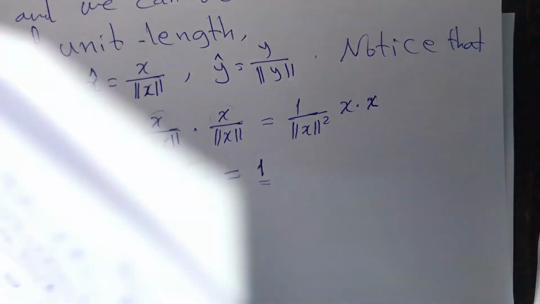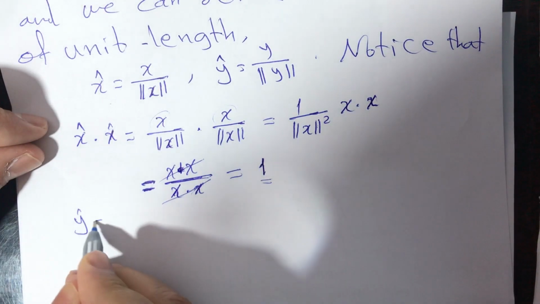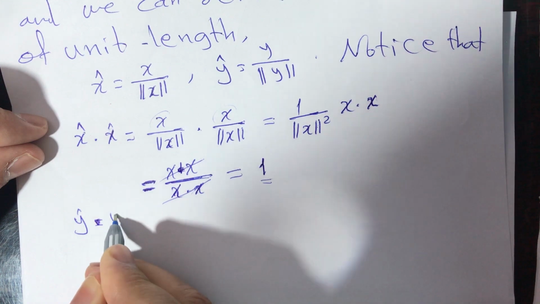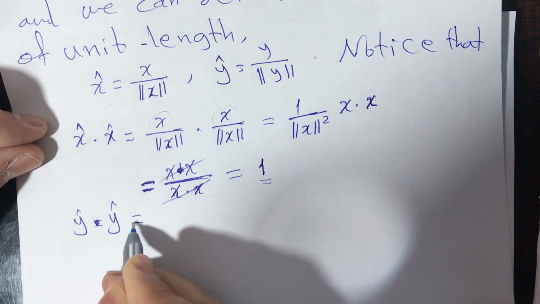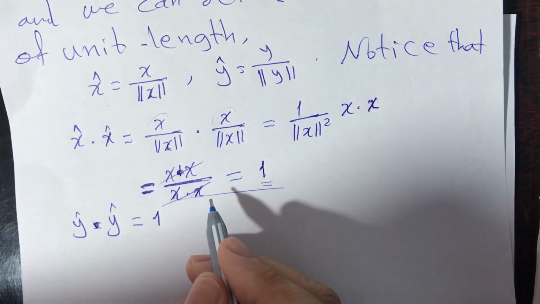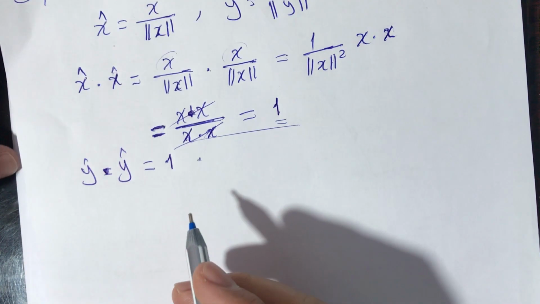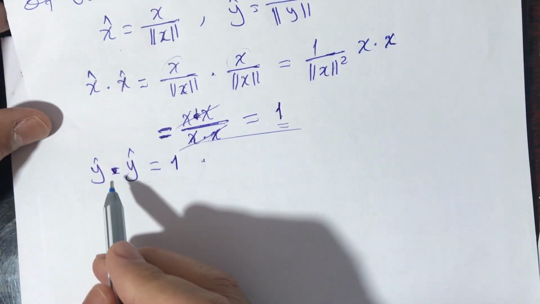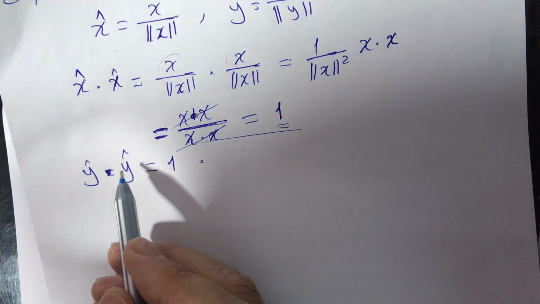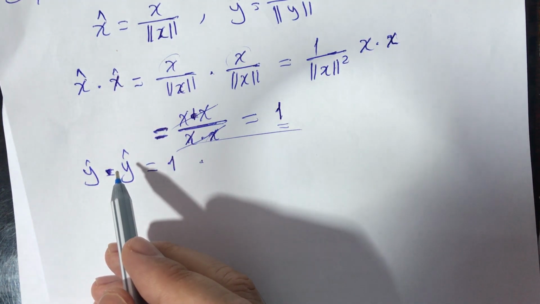Also the same for y hat dot y hat, which also equals 1. So now we have x hat dot x hat equal to 1, and y hat dot y hat also equal to 1.